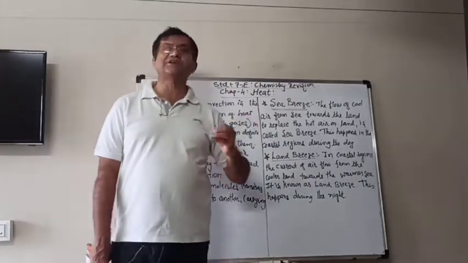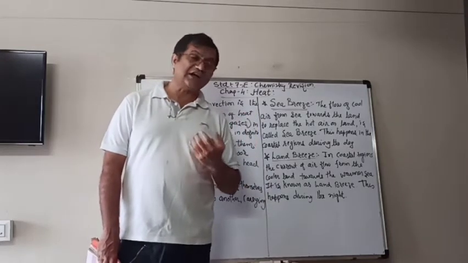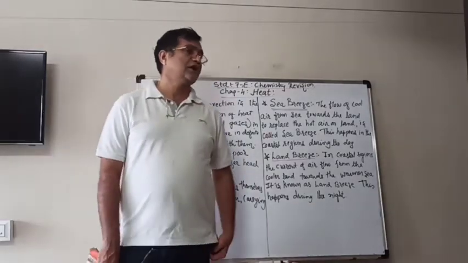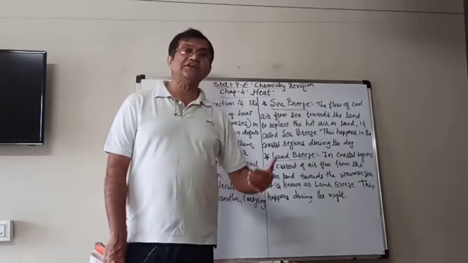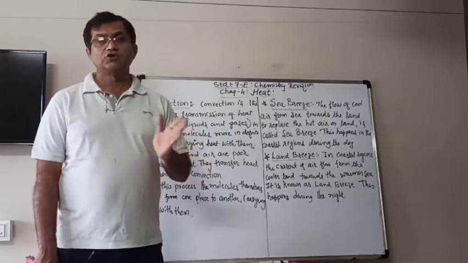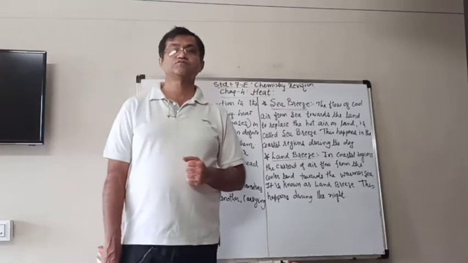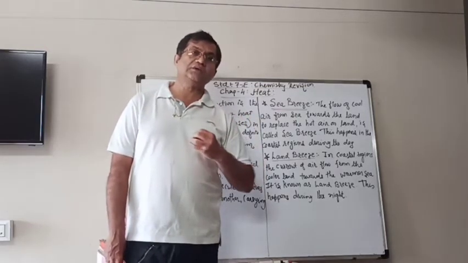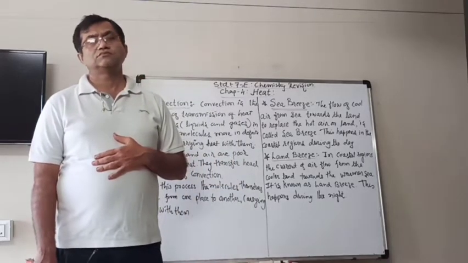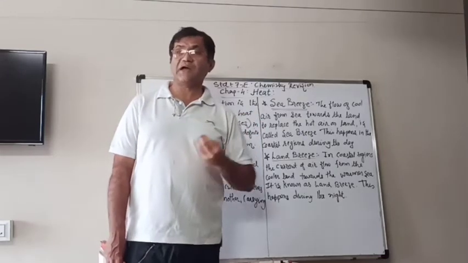Generally in solid substances the transfer of heat takes place via conduction, in which the heat is transferred from the hotter end to the cooler end. We saw the activity also, and we learned about conductors and insulators.